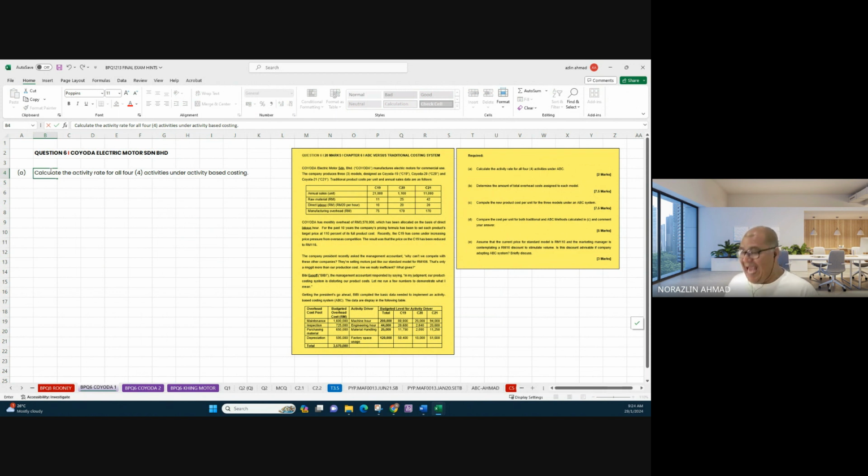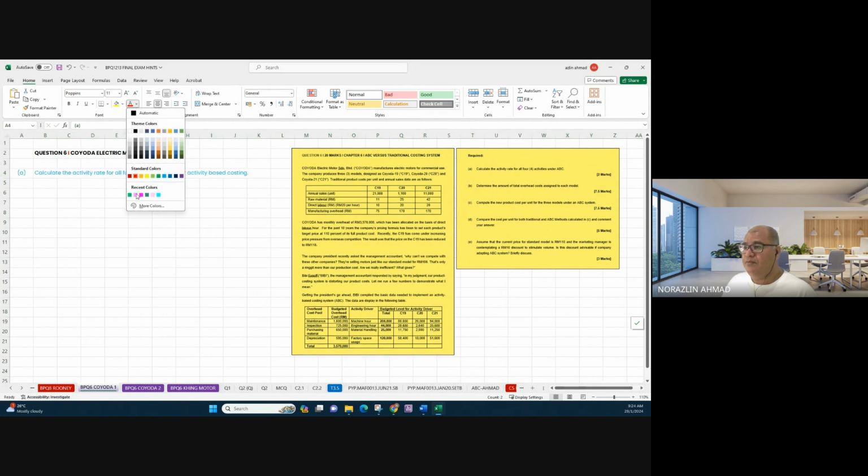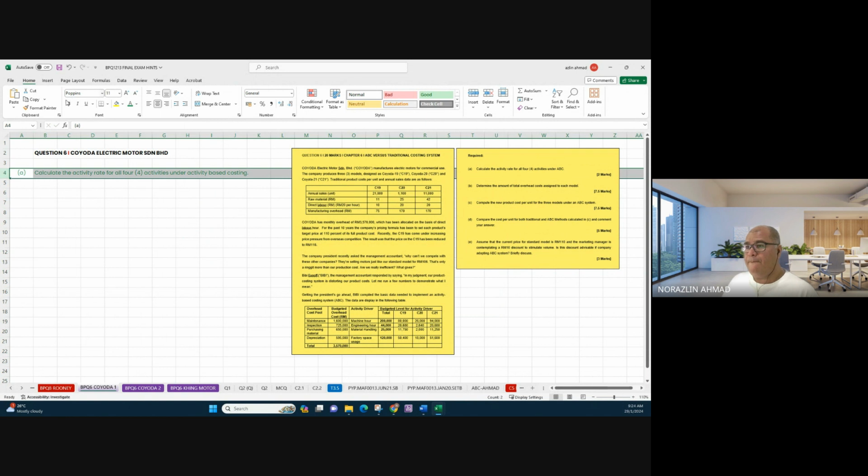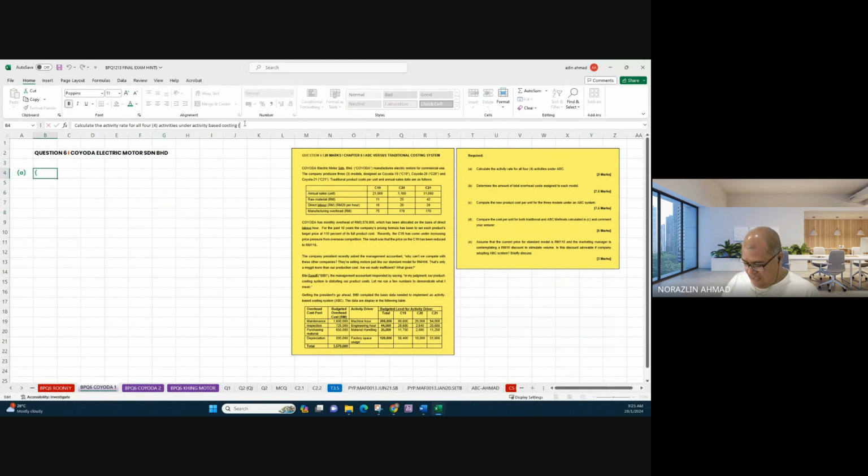So this is the question. Calculate the activity rate for all four activities under activity-based costing, ABC. Okay, activity rate ni ialah.